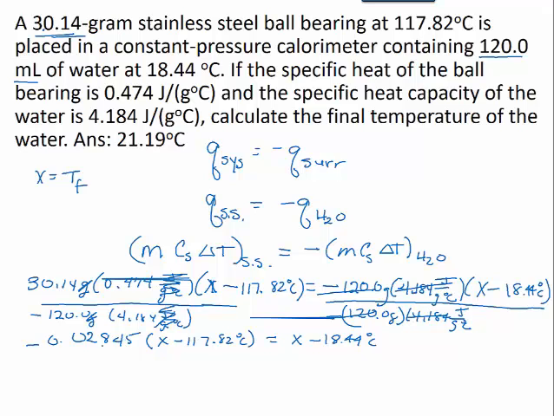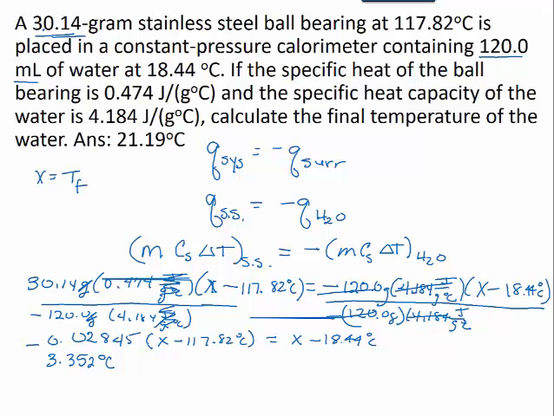On the right side, I'm going to do the distributive property. When I take this and multiply both terms by it, I end up with 3.352 degrees Celsius. That's me taking the 0.02845 and multiplying by this negative number, and those combine to give me this degrees Celsius here.